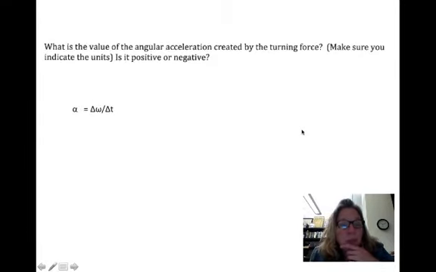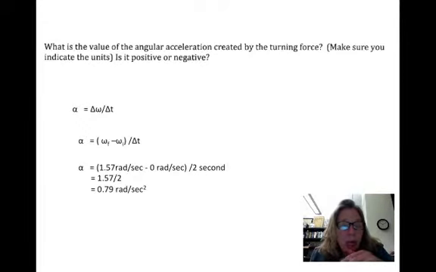So we look at the change in the angular velocity over the change in time: the final angular velocity minus the initial, over the time. That's 1.57 minus 0, because it began at rest, over 2 seconds. So that's 0.79 radians per second squared. That is the angular acceleration. And because of the right-hand rule, we know that the direction is positive, or upward.